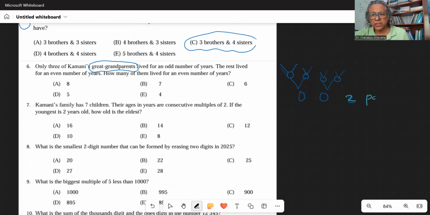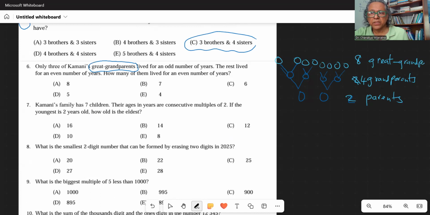So two parents, sorry, not two, four grandparents and eight great-grandparents, right?